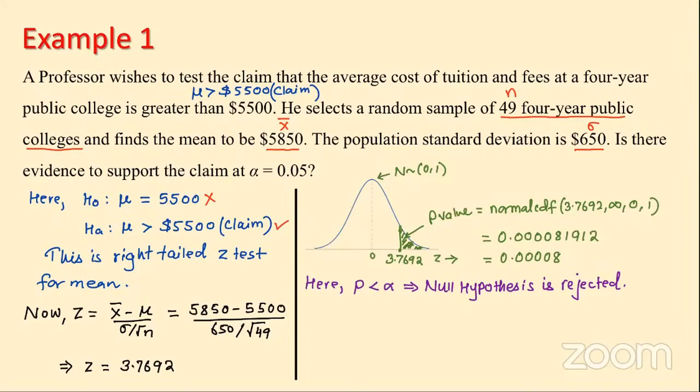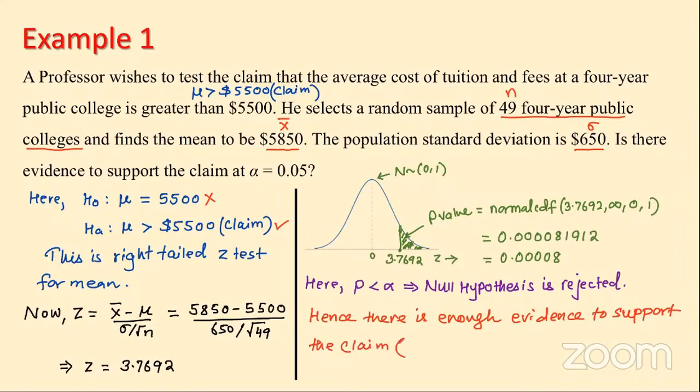So let's write that conclusion down. That's our fifth step. Hence, there is enough evidence to support the claim.